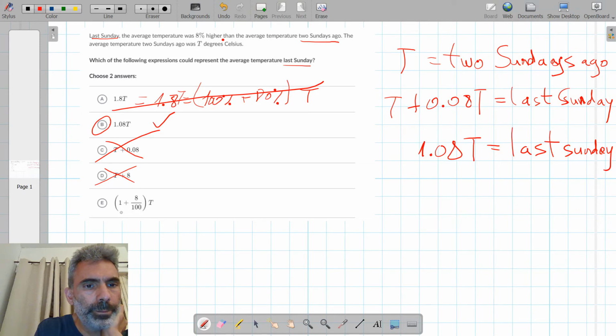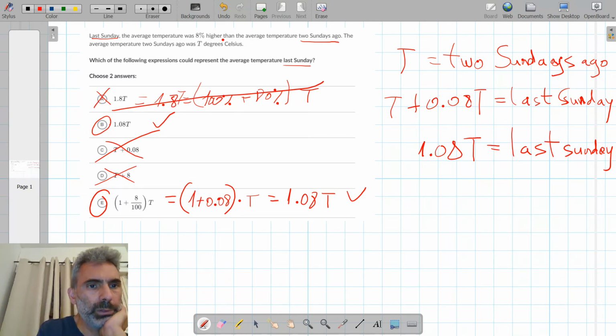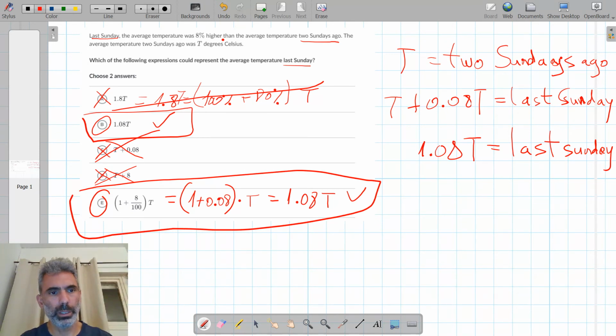And here is good because 1 plus 0.08 is the same thing as 1 plus 0.08 times T, which is 1.08 times T. So E is also correct. So A is incorrect, C is incorrect, D is incorrect. So B is good, and E. So B and E are correct.